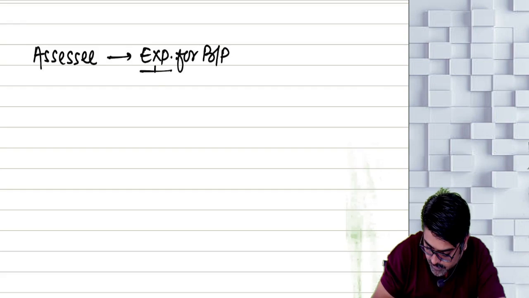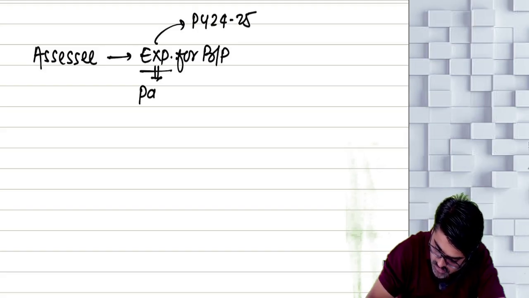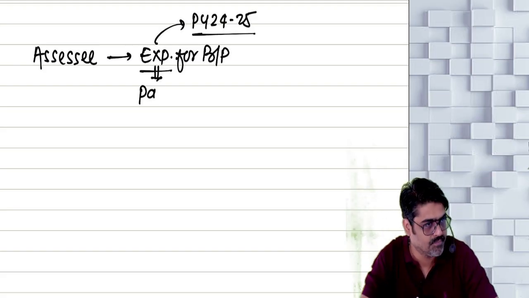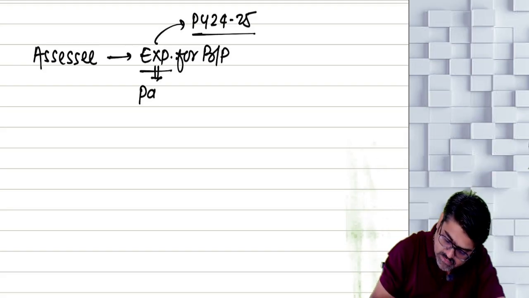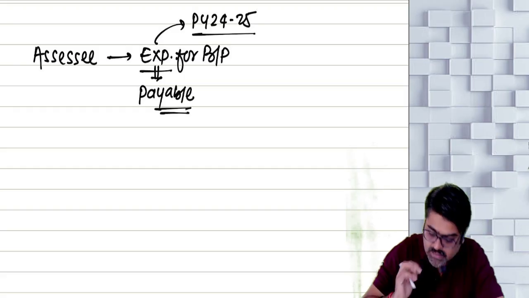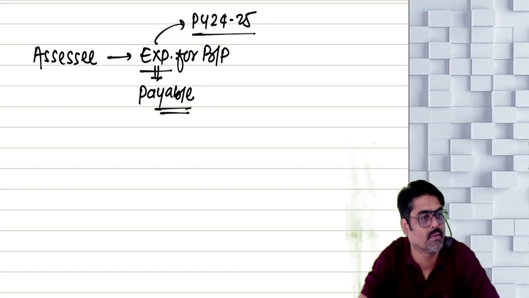Now for this expenditure was for, say for example, last year, previous year 24-25. So last year some business expenditure was incurred. Okay, and this expenditure was still payable in the last year. So expenditure belongs to this year or last year?